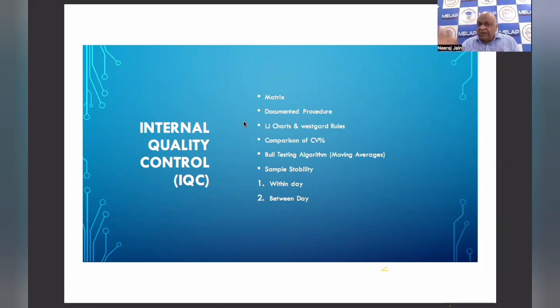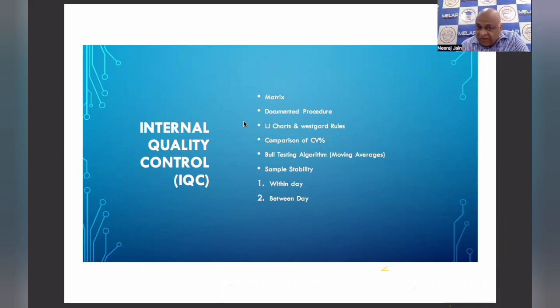So then we compare CV%. Variation should not be significantly different with the change in lot. And this is not a substitute for running control. This is an additional thing which you can do to check the quality of your system.